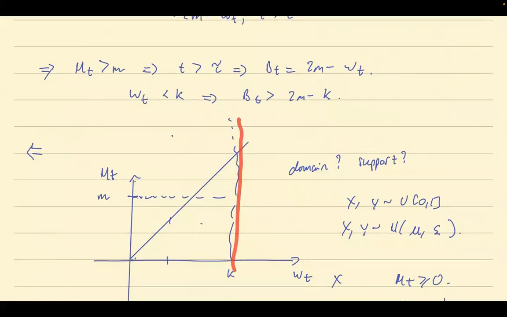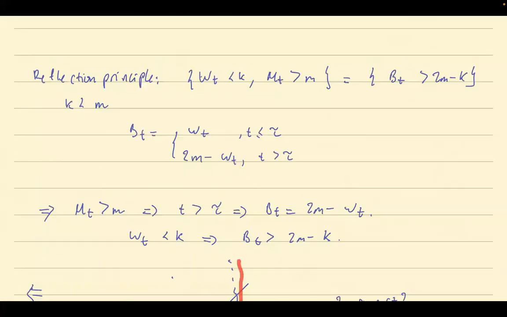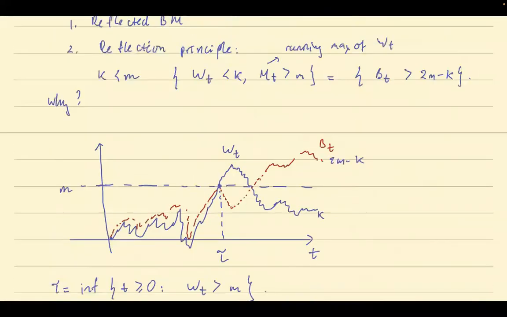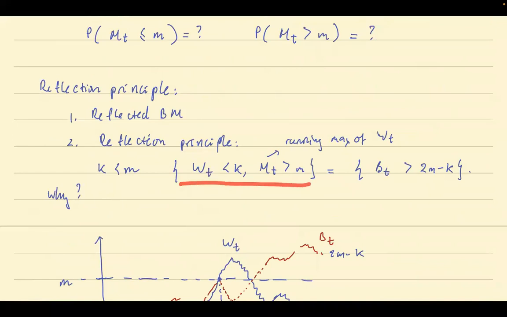So it allows you to derive the joint density of WT and MT, by differentiating this with respect to M and K, by working on this expression.